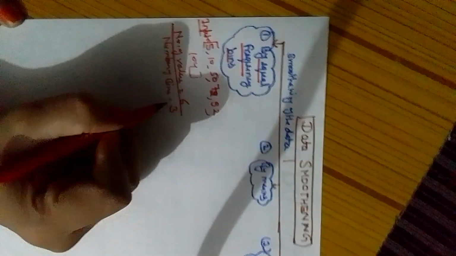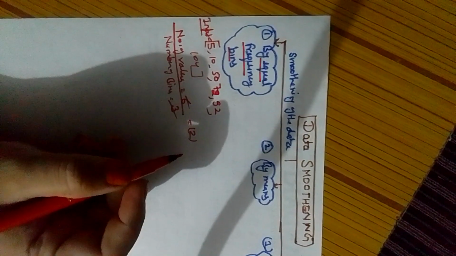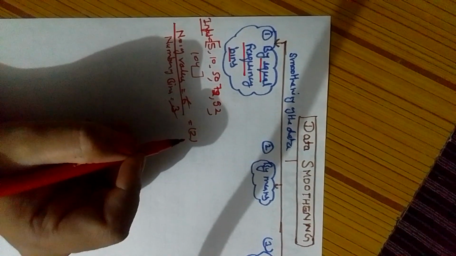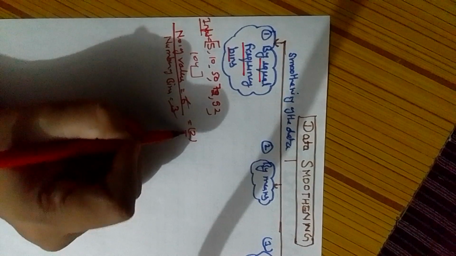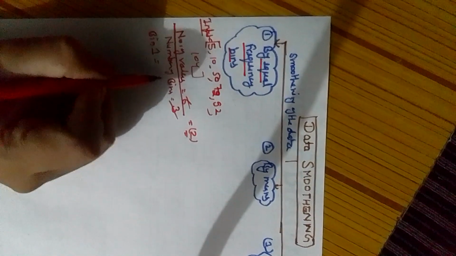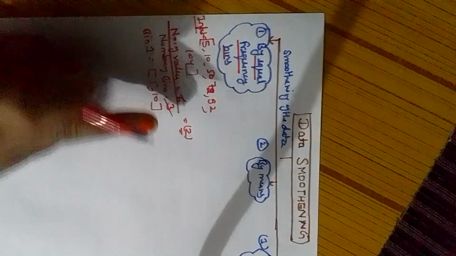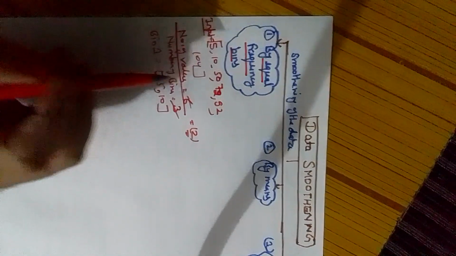So 6 divided by 3 is 2. It means bin 1 will contain 5 and 10, 2 values, right?